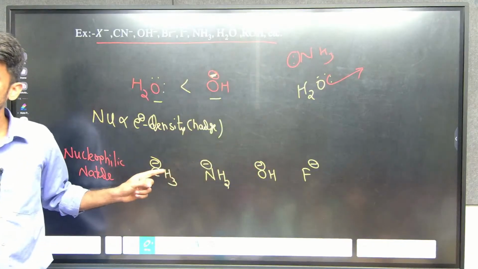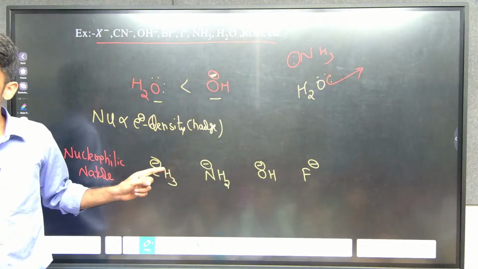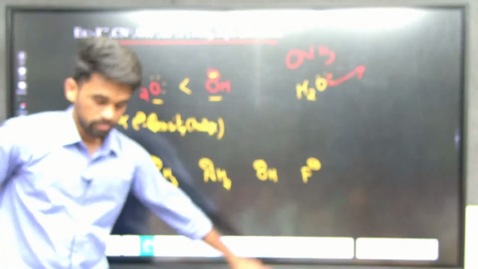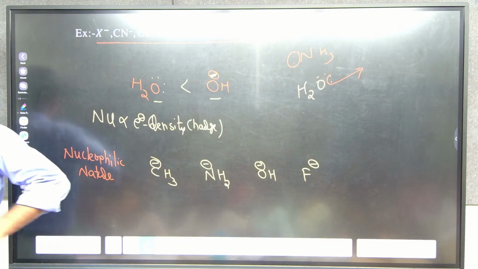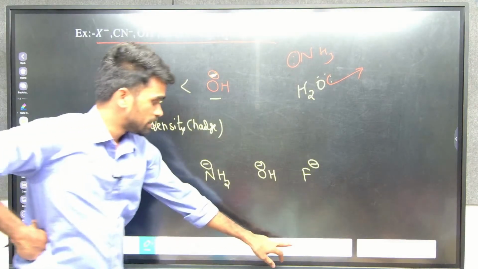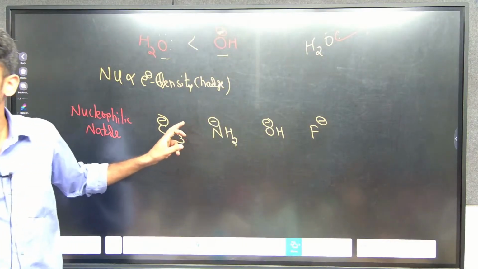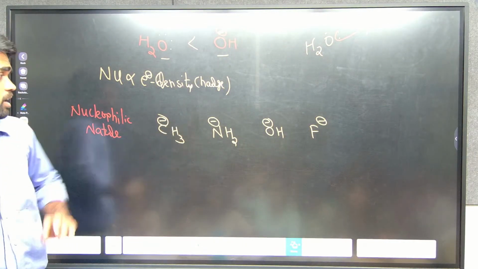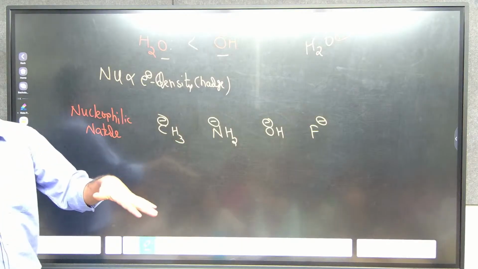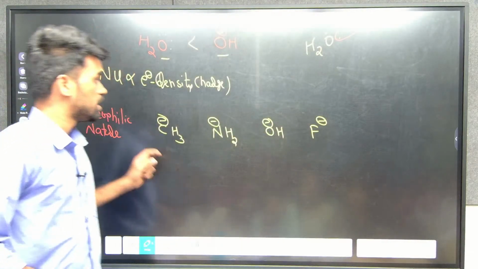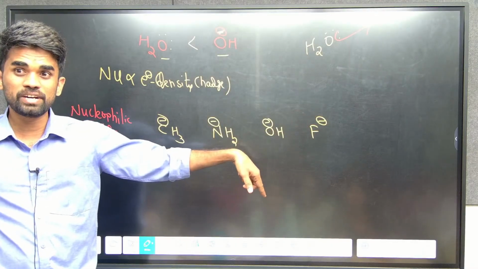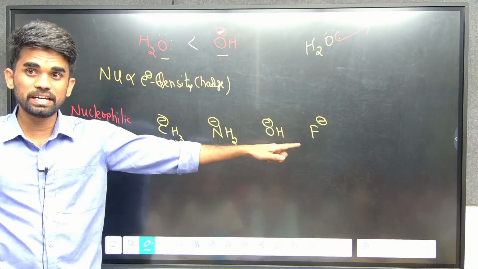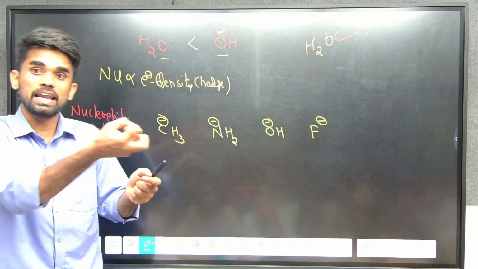So more electron density, more nucleophilic nature. These are second period elements. Now what happens from left to right? Electronegativity increases, which means they only need electrons.